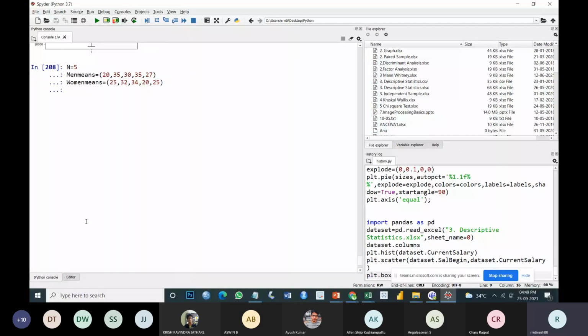Then men standard deviation: 2, 3, 4, 1, 2. Women standard deviation: 3, 5, 2, 3, 3.